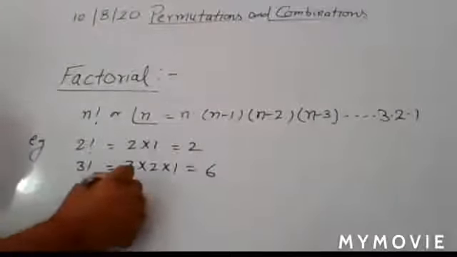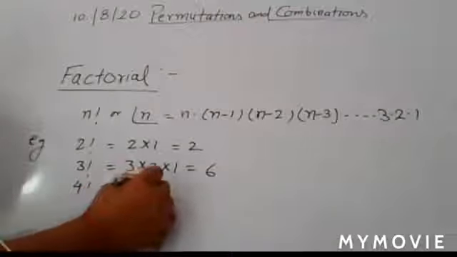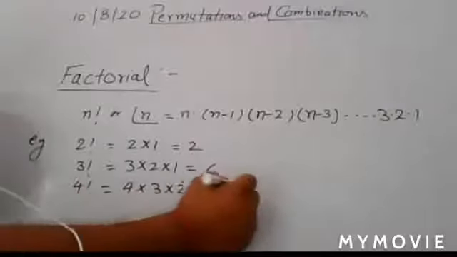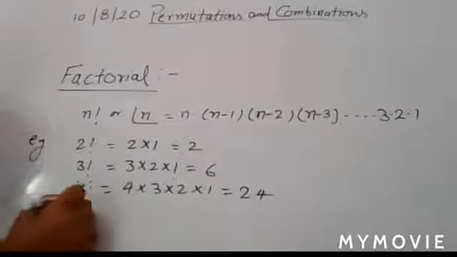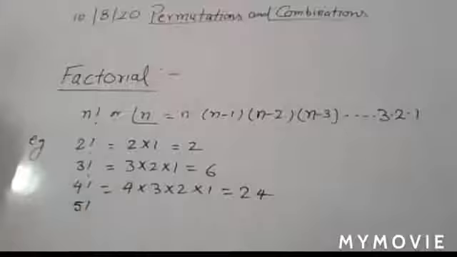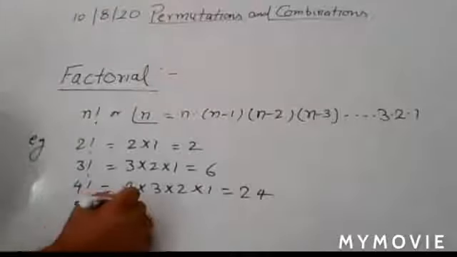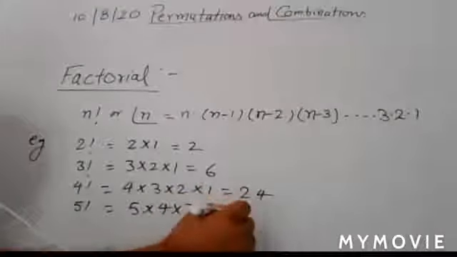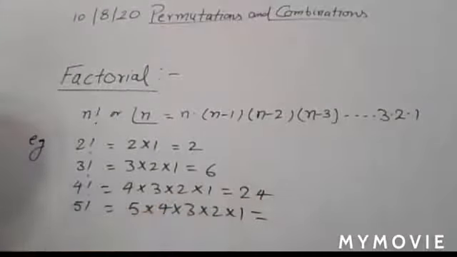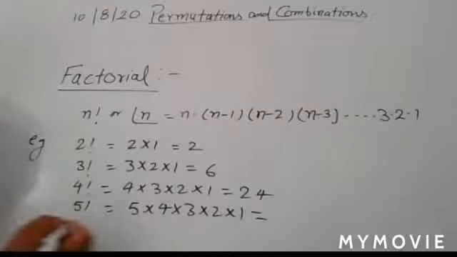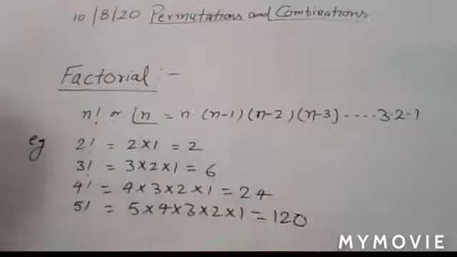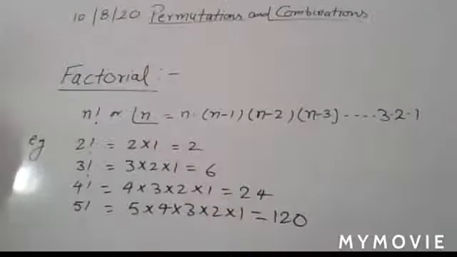Factorial 4 is 4 into 3 into 2 into 1, which is 24. Factorial 5 is 5 into 4 into 3 into 2 into 1, which is 120.